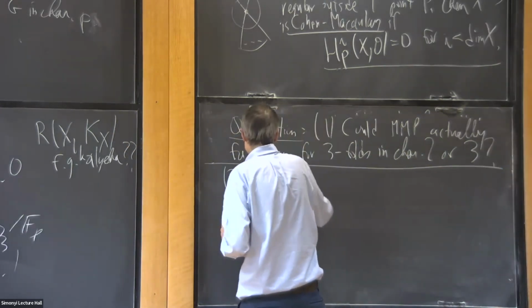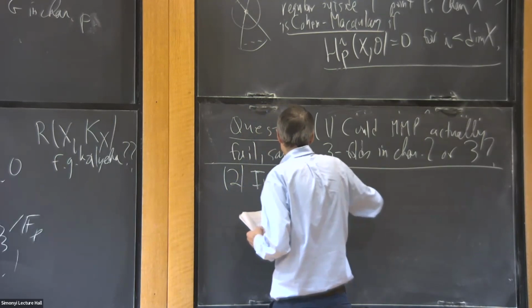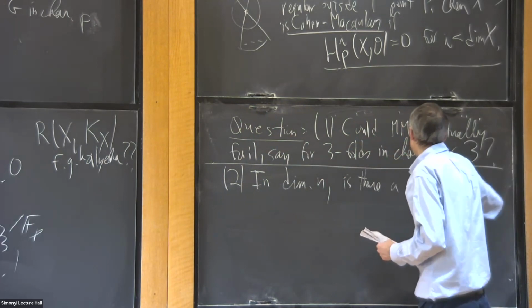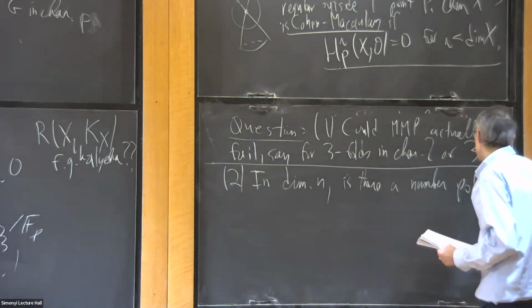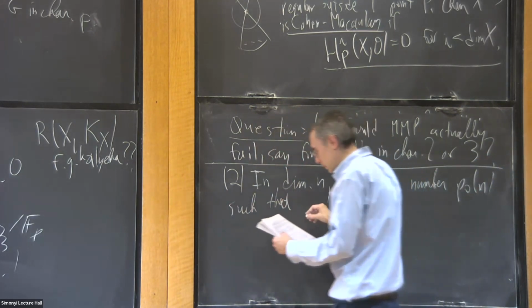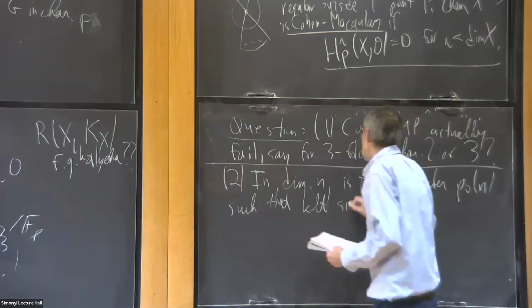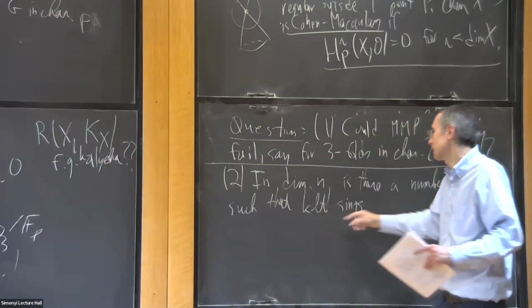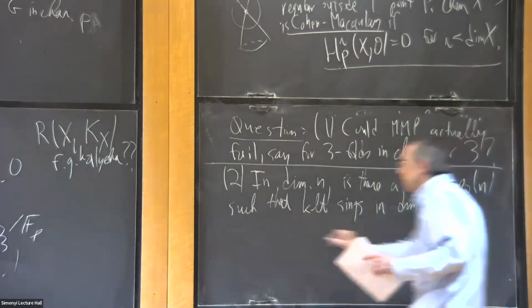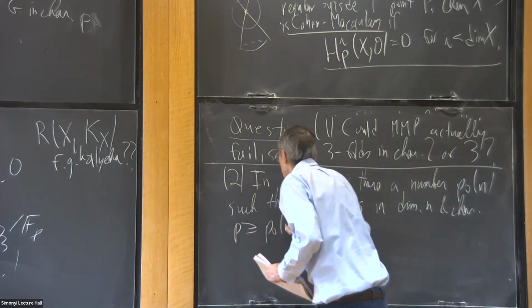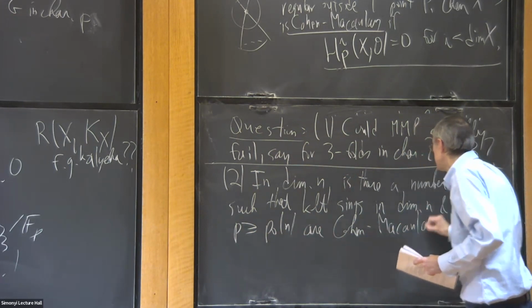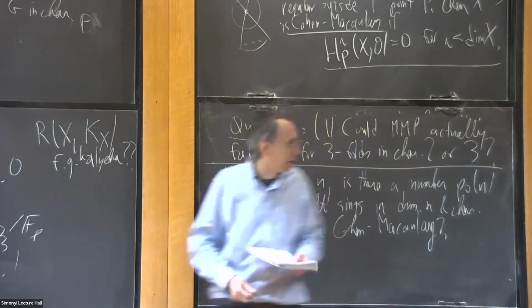Okay. Right. So number 2: in a fixed dimension n, is there a number t0 depending on the dimension, such that KLT singularities, the singularities in the minimal model program, and maybe it's about time to write that definition, in dimension n in characteristic p, at least this number, are going to behave well?